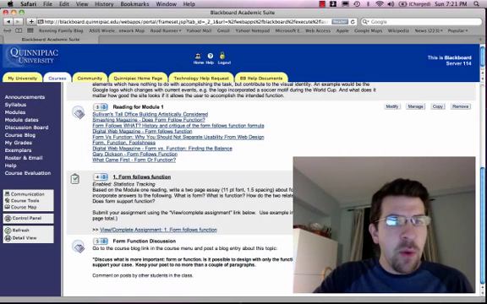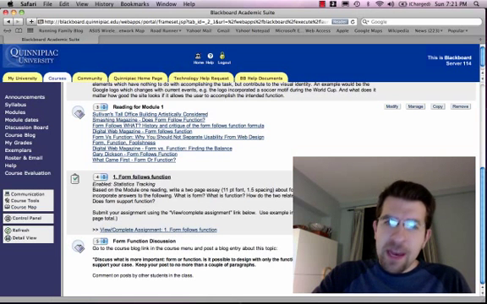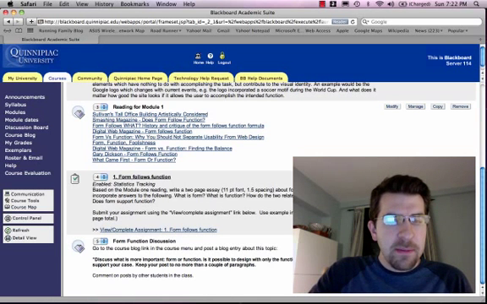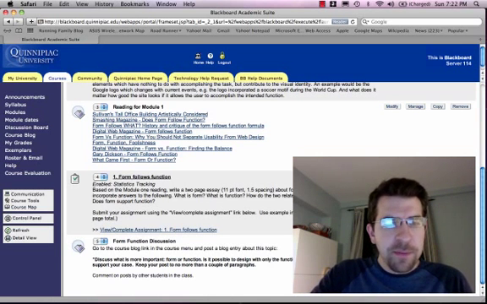I want to see a very wide range of vocabulary, and you can pull some vocabulary from the readings. You can look up on your own different things that people have written about the subject, and use your own terminology. But it should be eloquent.